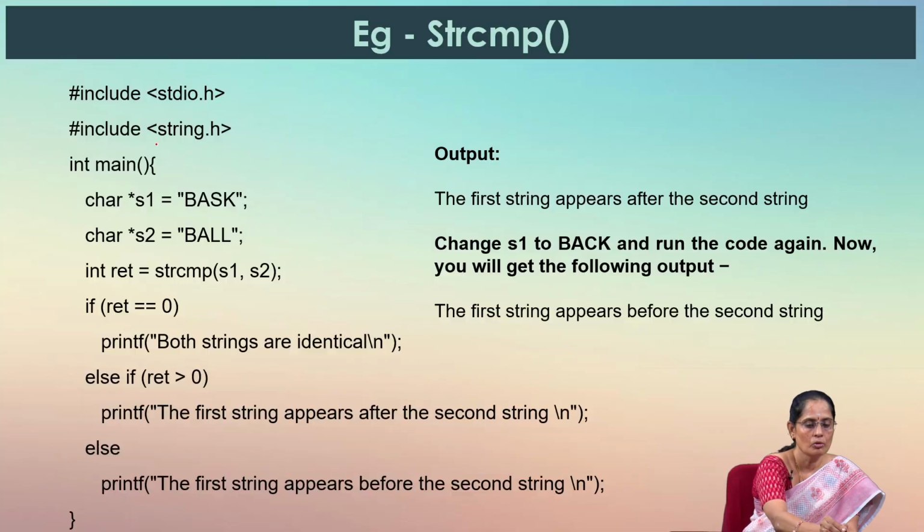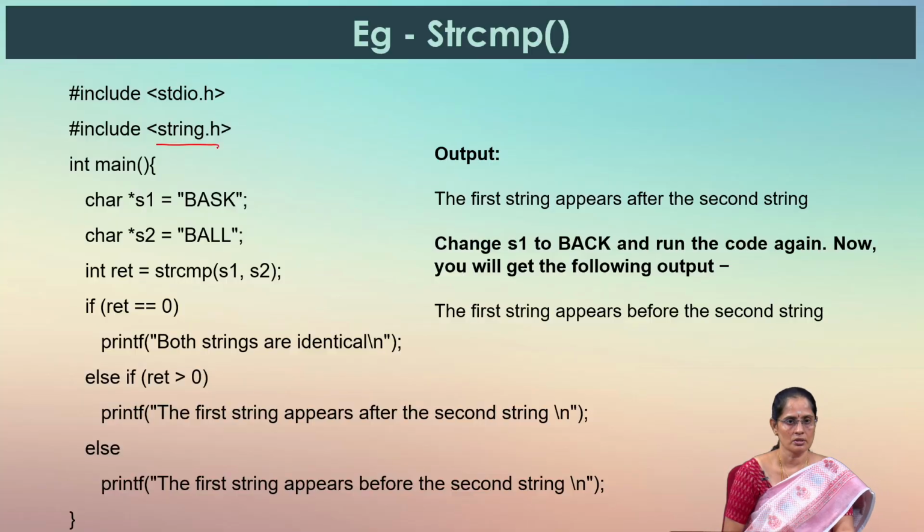Similarly, if the first string is lesser than the ASCII value of the second string, it is going to give us a negative integer. So, we will be having 3 outputs, 0, positive value, and negative integer. The same method we can implement with our own pointers concept as our own function, right. First we will learn how to use the built in function from string.h.